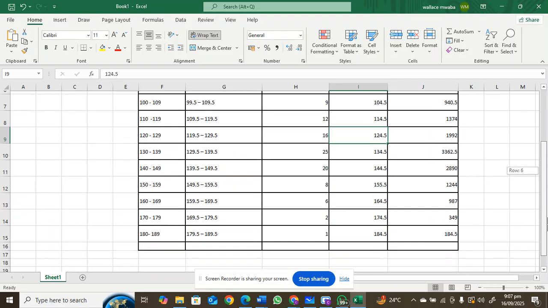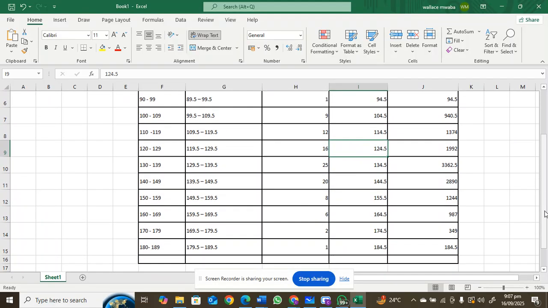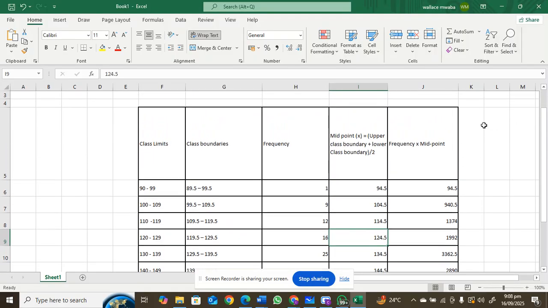In our table, we first need to get our midpoints. To get the midpoint, it's your upper class boundary plus your lower class boundary, divided by 2.